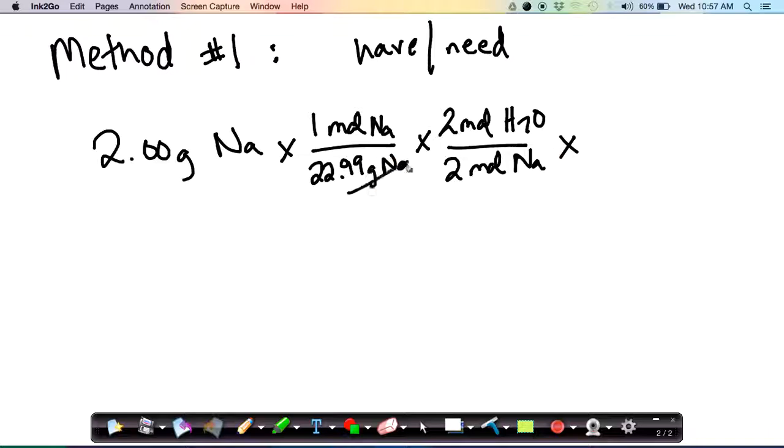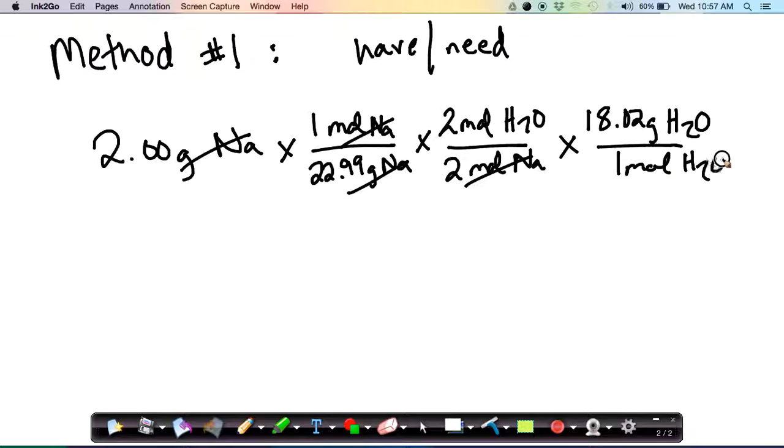So far I've canceled out grams of sodium, moles of sodium, I've got moles of water. And now I'm going to go ahead and convert moles of water to grams of water. So we'll multiply by the molar mass of H2O. So this will cancel out moles of H2O.